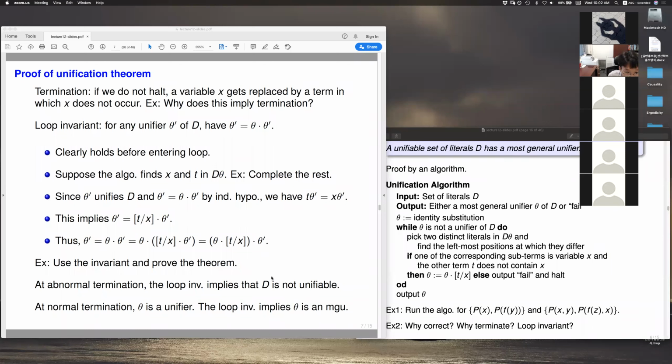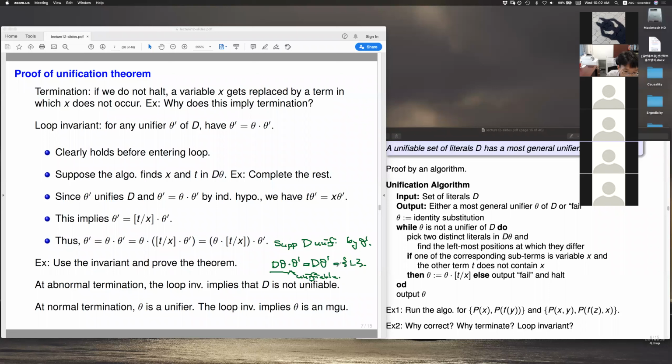Okay, so in the proof step we said theta composed with theta prime is the same as theta prime, which gives a singleton set. Suppose it's unifiable by theta prime. And then this is the case. That means D theta is also unifiable, because by applying theta prime, we can make them into a single literal.